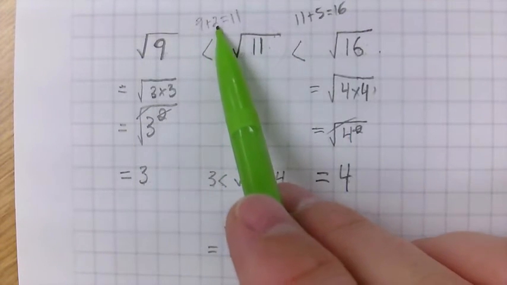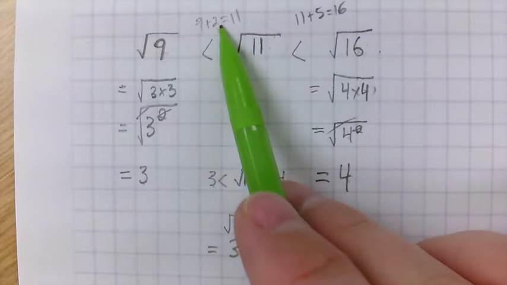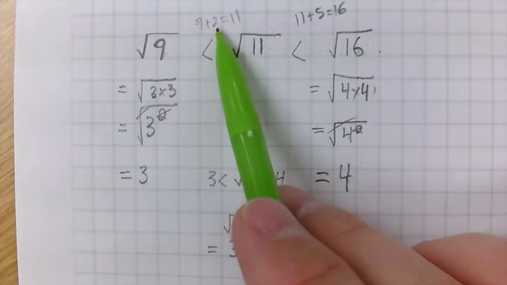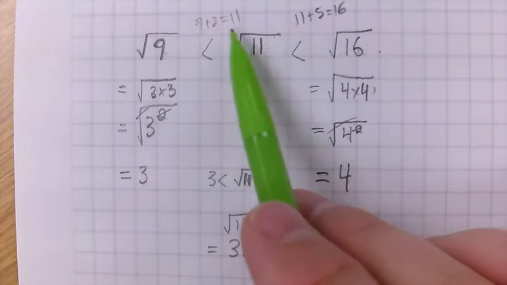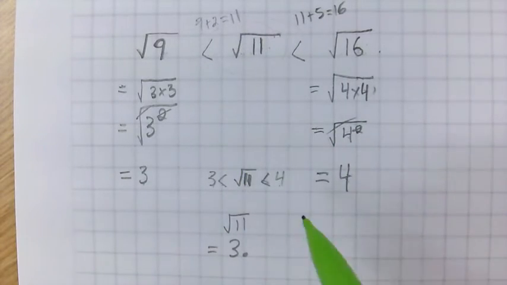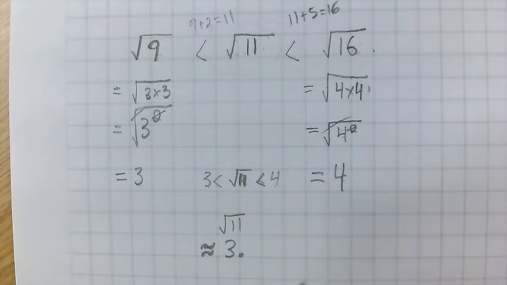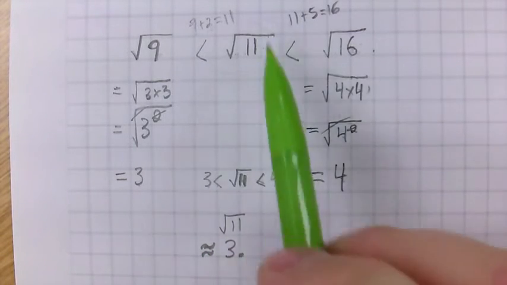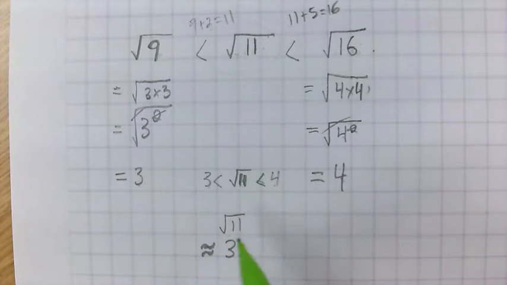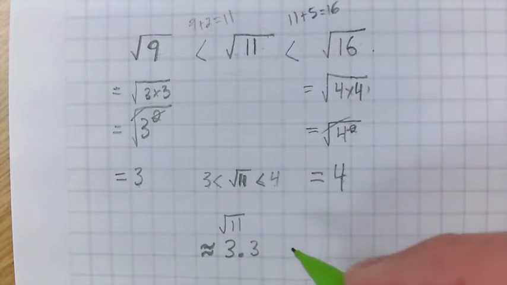It's quite a bit closer to 9. So we'd estimate that it's somewhere in the 3 point something, but less than 3.5 because it's closer to the lower number. So maybe somewhere around 3.3.